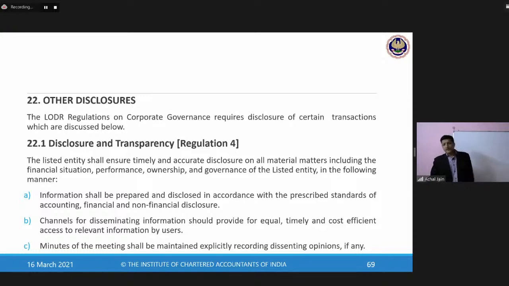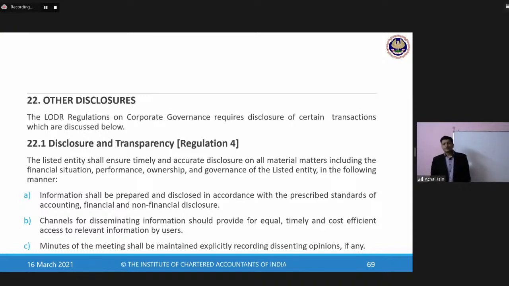So let's understand what these regulations are requiring. The listed entity shall ensure timely and accurate disclosure on all material matters, including financial situation, performance, ownership, and the governance of the listed entity in the following manner. First, information shall be prepared and disclosed in accordance with prescribed standards of accounting, financial, and non-financial disclosure.